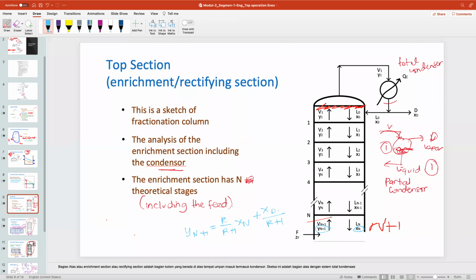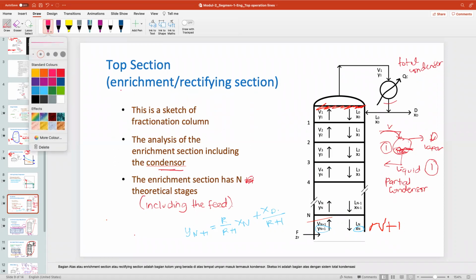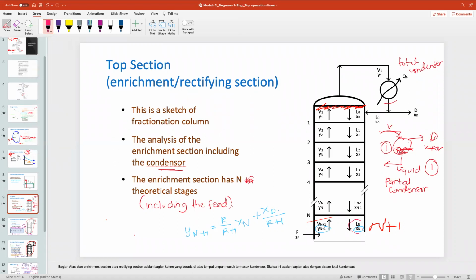We know that. Now, what is the correlation between xn and yn? Is it the equilibrium? Nadifa, yeah, that's right. The correlation between xn and yn is the equilibrium.